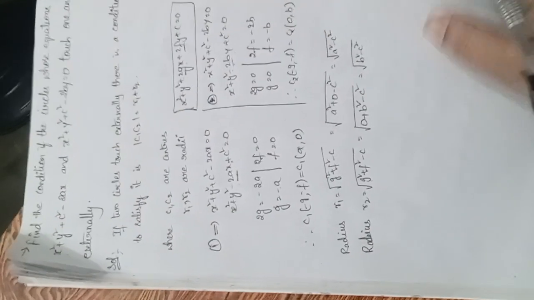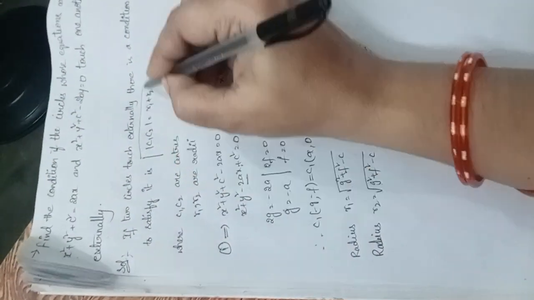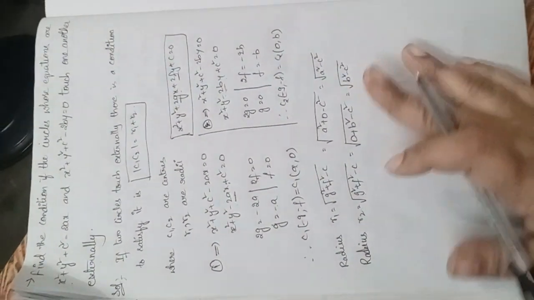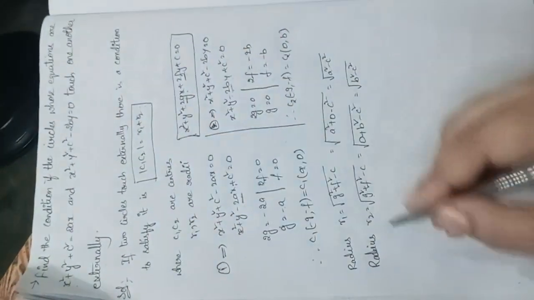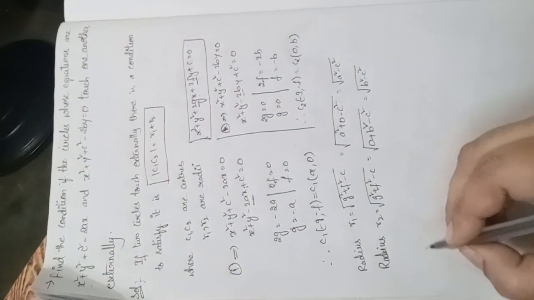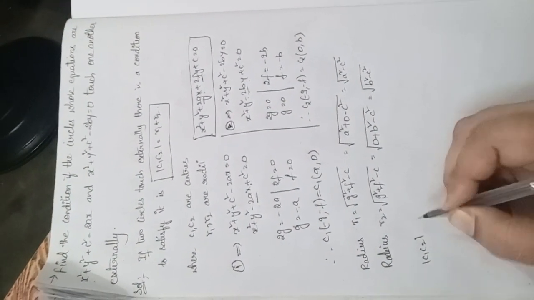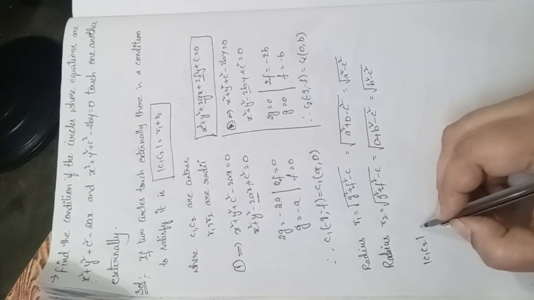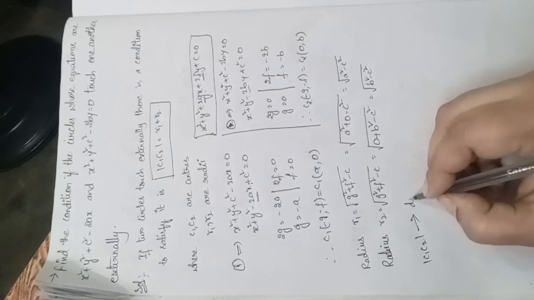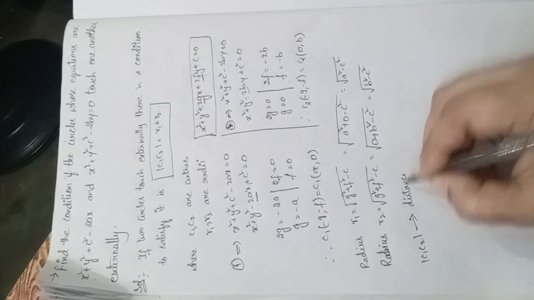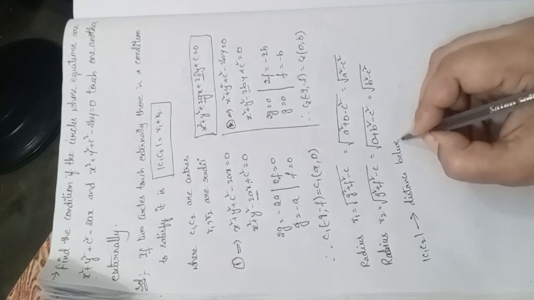Okay, now we have the centers and radii of the two circles. Now substitute these values in this condition. Mod C1 C2 denotes the distance between the two centers.